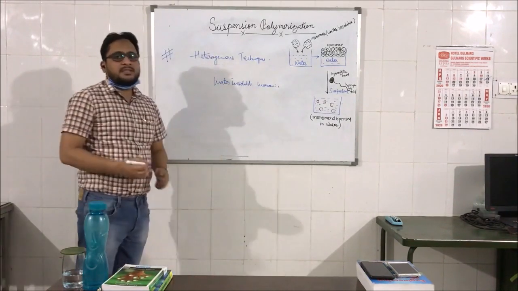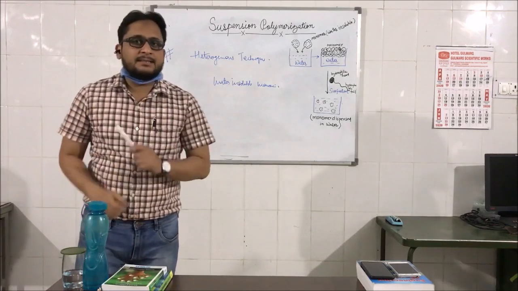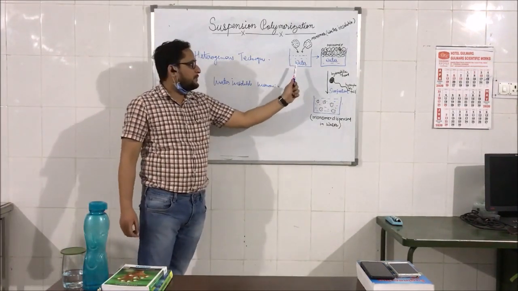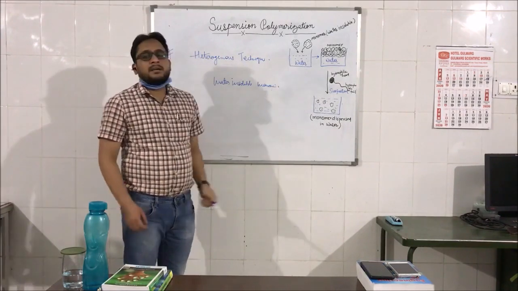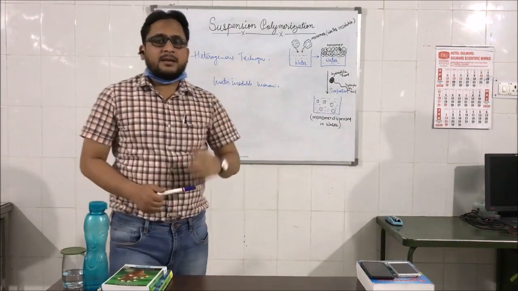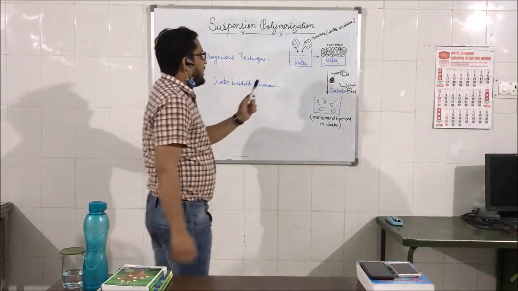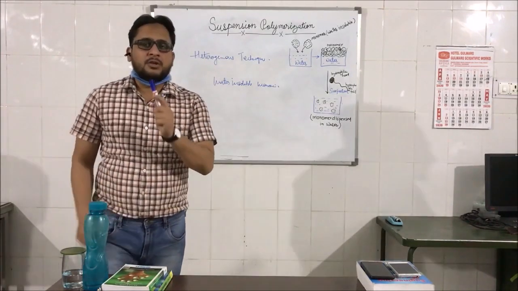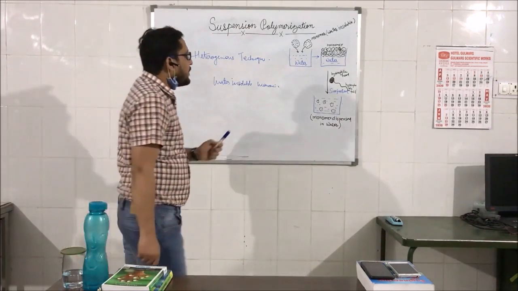So the very first step in this polymerization technique is that we take the solvent, meaning water, in a beaker or in a reaction vessel and add monomer, which is water insoluble, meaning the monomer is soluble in the organic phase.